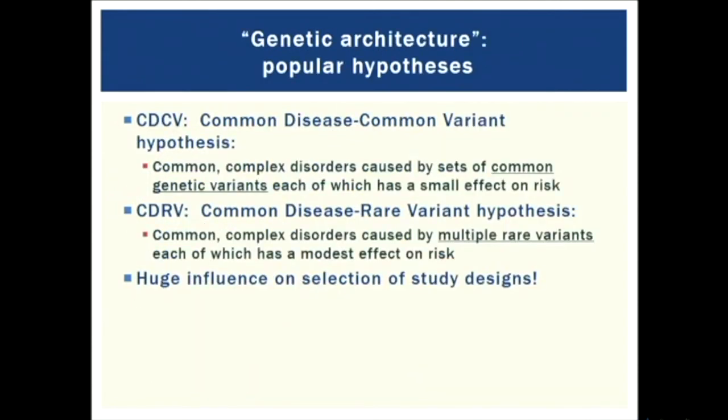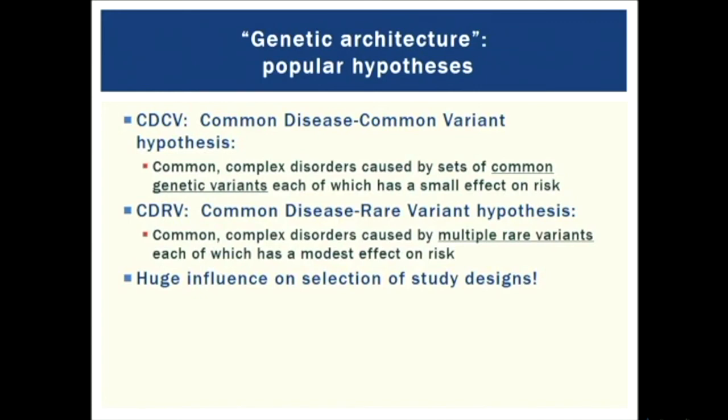There are two major hypotheses that we talk about when we talk about genetic architecture. One of them is the common disease, common variant hypothesis, which says that common complex disorders are caused by common genetic variants, each of which has a tiny effect on risk.